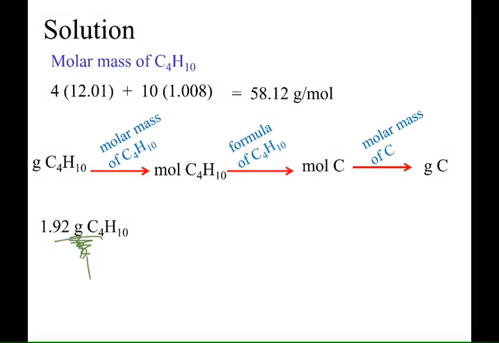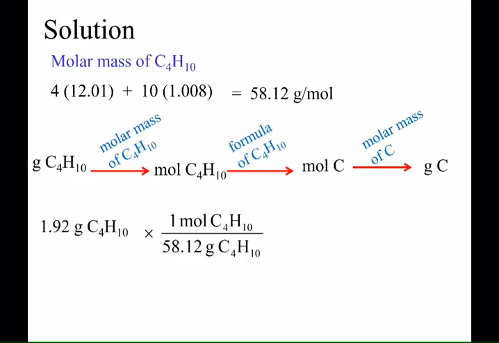What's the next term look like? Well, since we want grams to cancel, we're going to use what I call the flipped version of the molar mass, which is 1 mole of C4H10 over 58.12 grams of C4H10. And yes, if I was working this problem, I would take the time to write out the formula of the compound. So now our grams have canceled, we're left with moles of C4H10.